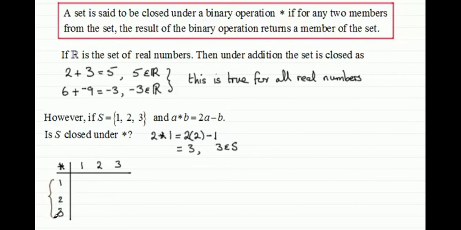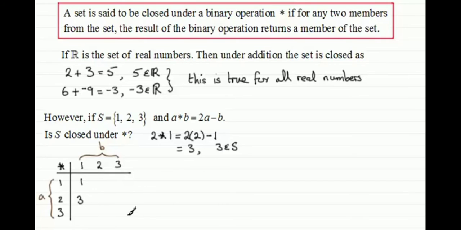So 1, 2, 3 are the members of the set. So the left hand side should be the member of a, and the topmost should be the member of b. So now let us perform 1 star 2. The answer is 3. If you perform 1 star 1, so 2 into 1 minus 1, the answer is 1.